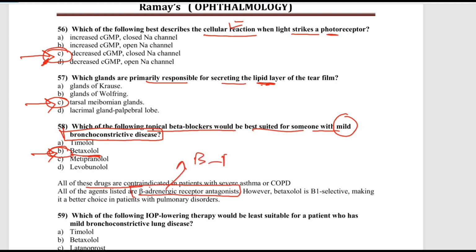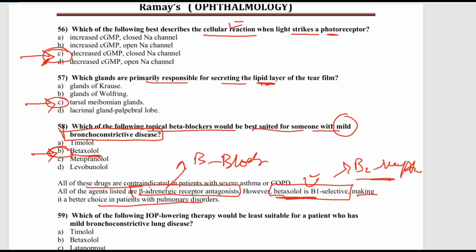However, betaxolol is beta 1 selective, so it does not act on the beta 2 receptors to block the lungs, making it a better choice in patients with pulmonary disorders.